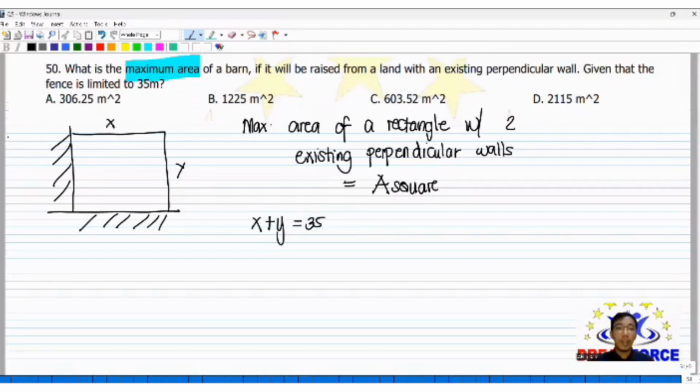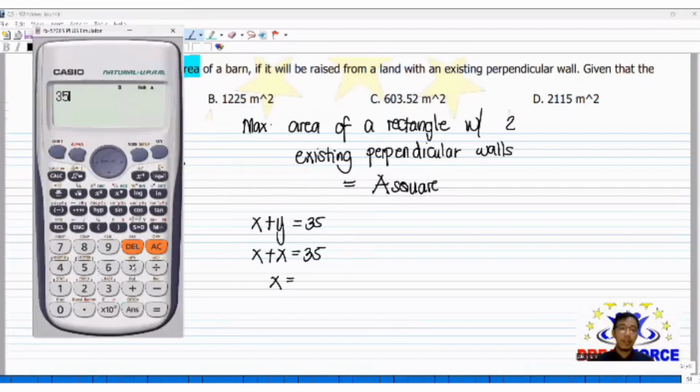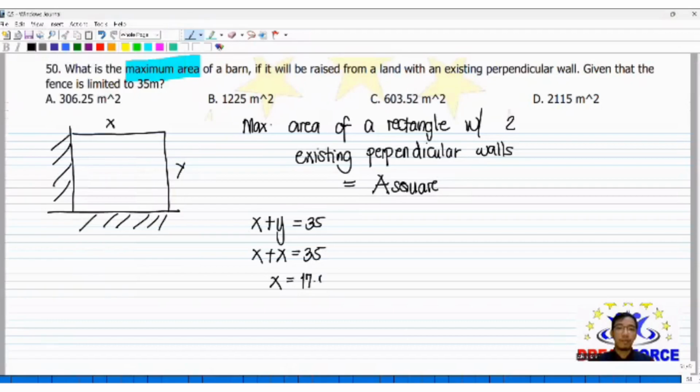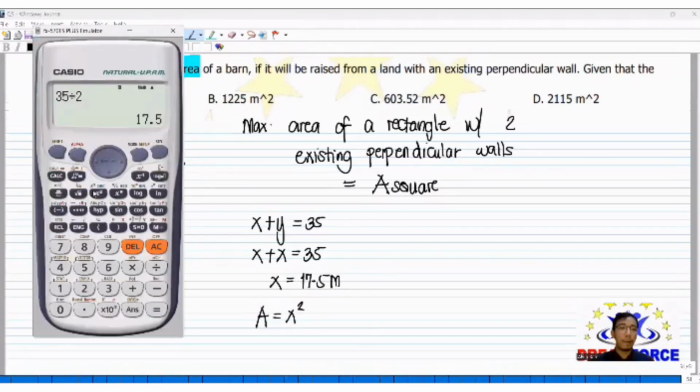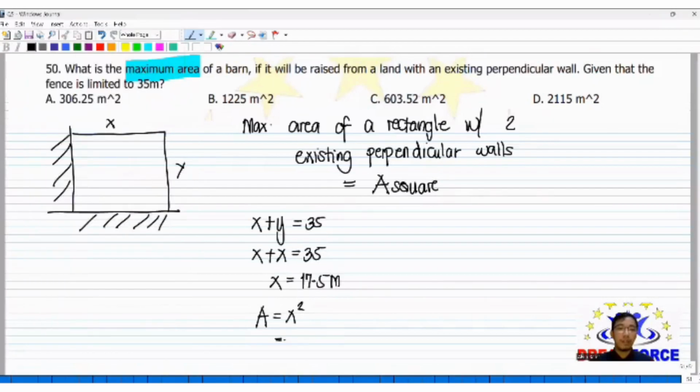And since sabi natin yung area na produce ay square, parehas lang yung x and y. And therefore, what is the value of x? Okay, that's 35 over 2. We have 17.5. That's in units. Ayan, so pwede mo na hanapin yung area, that is simply x squared. 306.25 square units. So that is letter A.